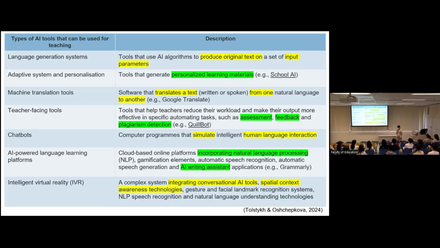So Grammarly is one of the applications we can consider recommending to our students, because at least they can learn the mistakes from using Grammarly. Yeah. So instead of always relying on teachers, we can also encourage students to engage in self-autonomous language learning, right?